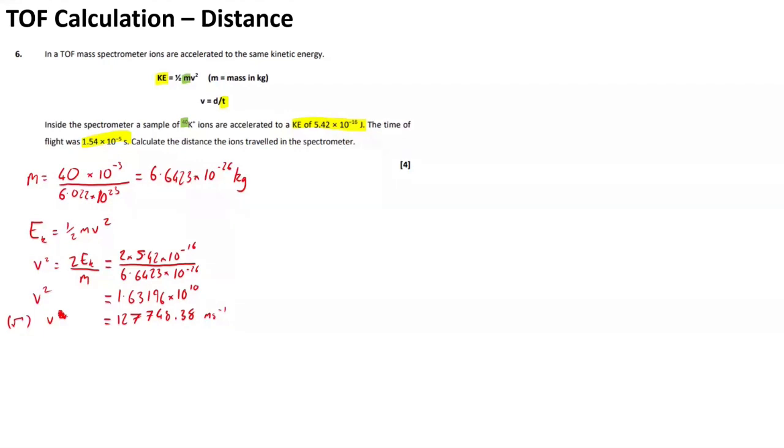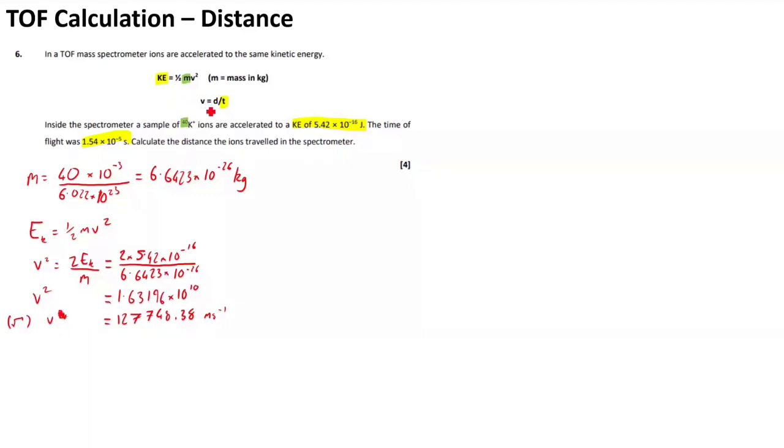If I round everything to 3 significant figures, the same as in the question, that would be fine. In the actual answer and in the mark scheme, they'll give you a range of numbers which you can get, and that's based on rounding everything to the same number of significant figures in the question or with no rounding whatsoever. As long as you're somewhere in there, you will be okay. I always tend to round just to 5 significant figures because then I don't waste too much time writing numbers down, but also feel I'm maintaining some degree of accuracy.